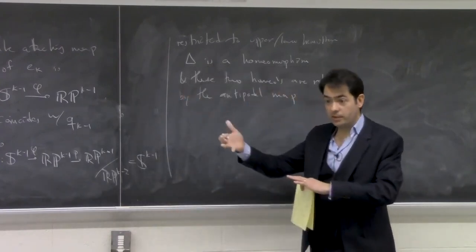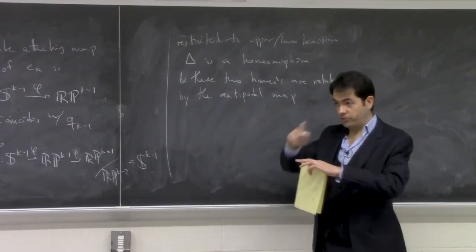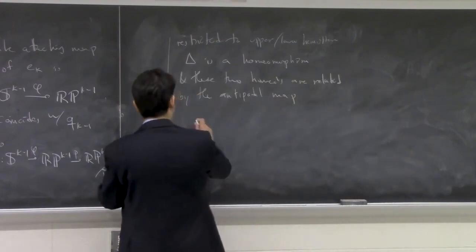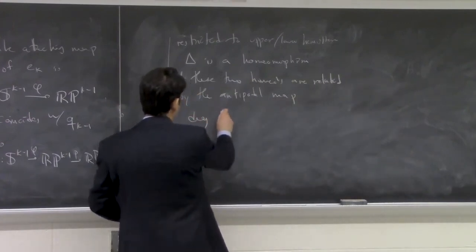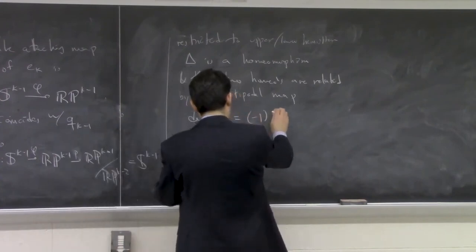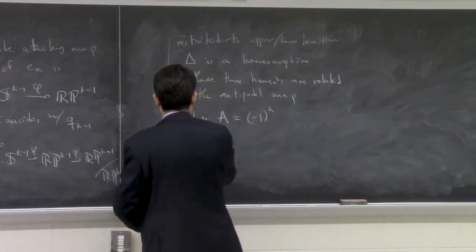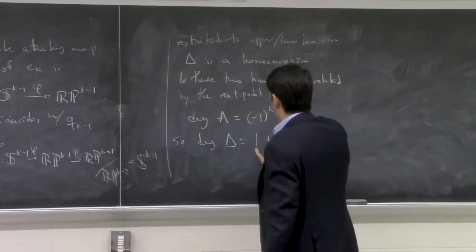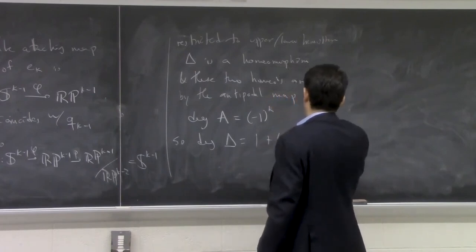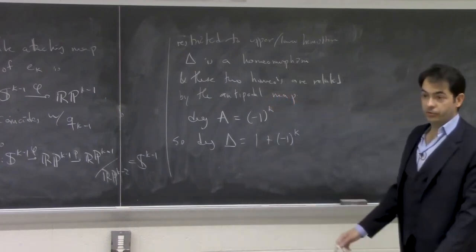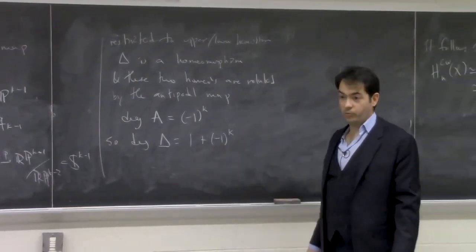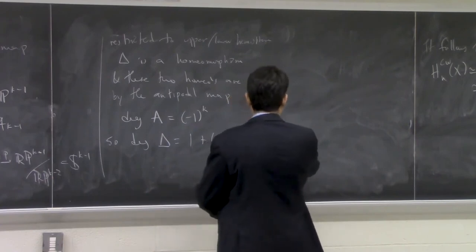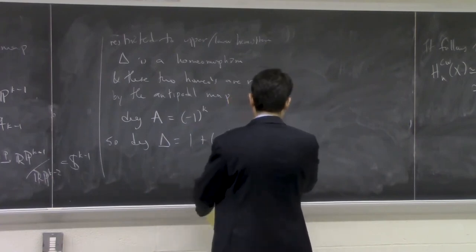So you're doing the same thing on the upper hemisphere as on the lower hemisphere, just at the opposite point. Remember that we computed the degree of the antipodal map is (-1)^k. So the degree of this is equal to the local degree at one point and the local degree at the other point, and the difference between the degrees is just (-1)^k. So this is equal to 0 if k is odd, and 2 if k is even.